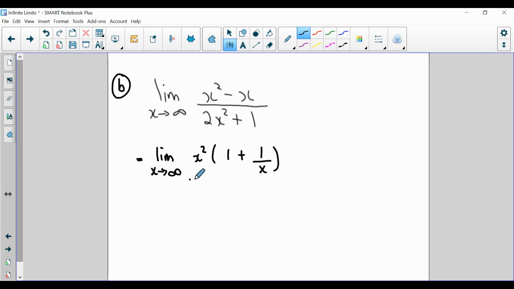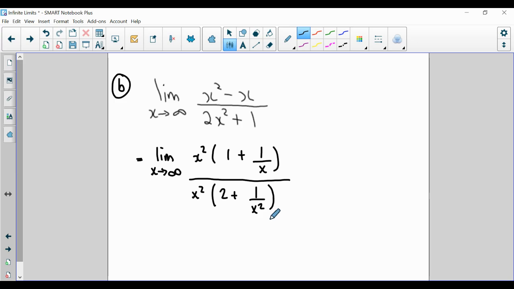And from the denominator, I'm going to take out an x squared, and I'm left with 2 plus 1 over x squared.